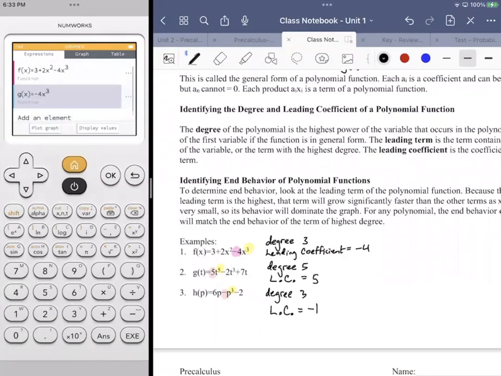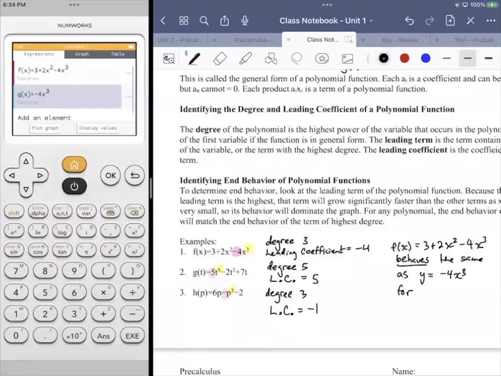So in number one, what I'm telling you is f of x is equal to 3 plus 2x squared minus 4x cubed behaves the same as, I guess, I'm going to use y equals to distinguish, y equals negative 4x cubed for large values of x.